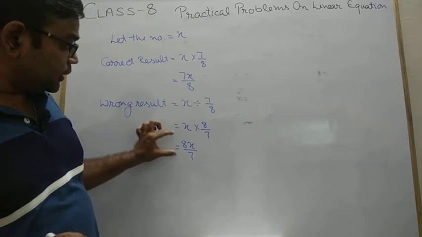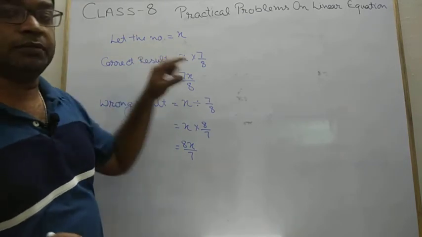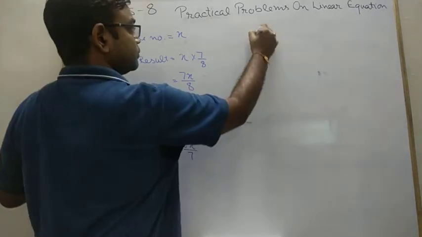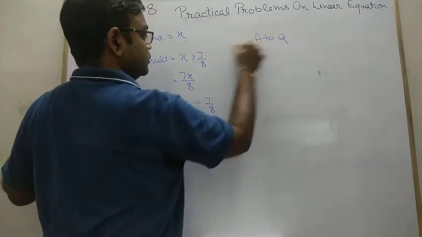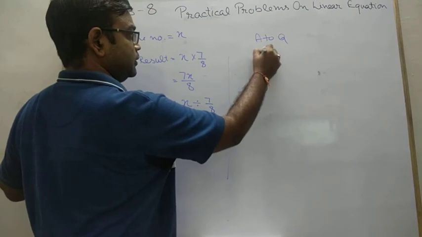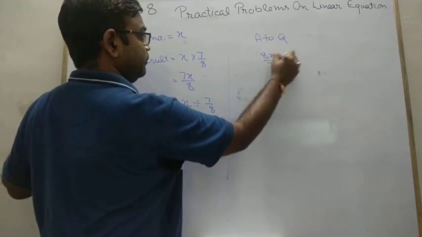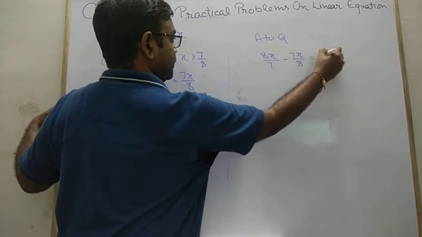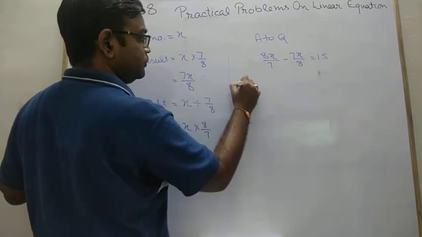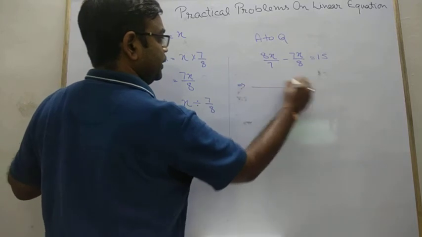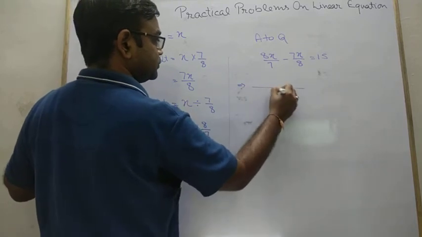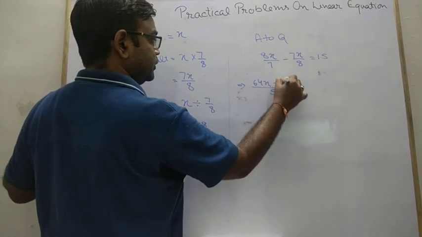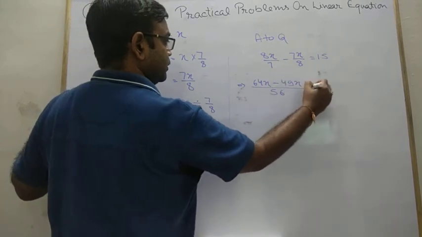It means this number minus this number gives you 15. So I am not solving this side. Come to this side. According to the question, 8x upon 7 minus 7x upon 8 equals 15. Try to solve. 7, 8, LCM is 56. It's 64x minus 49x equals 15.